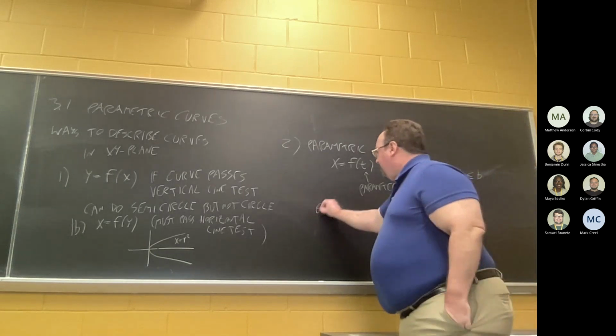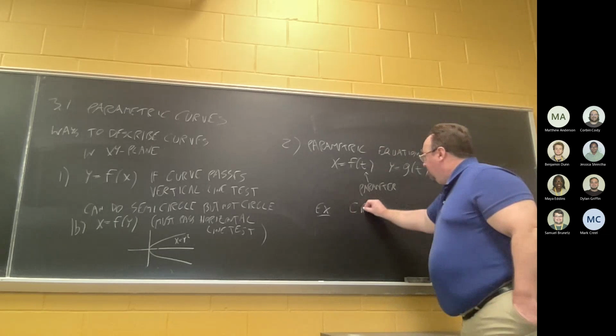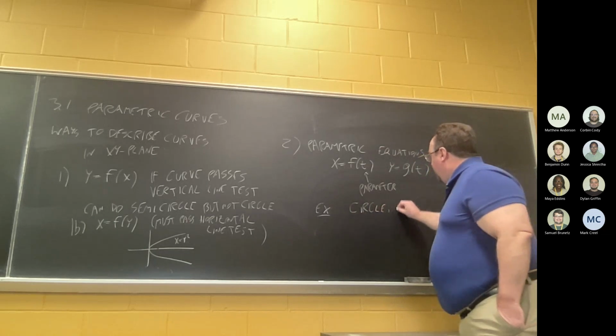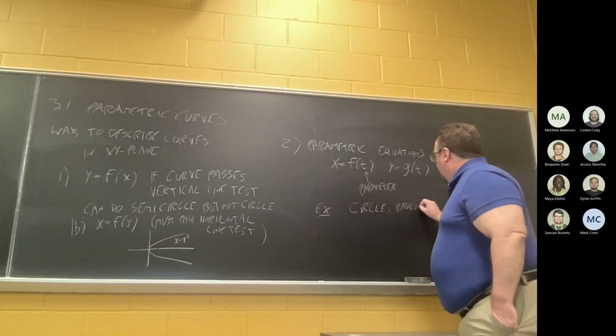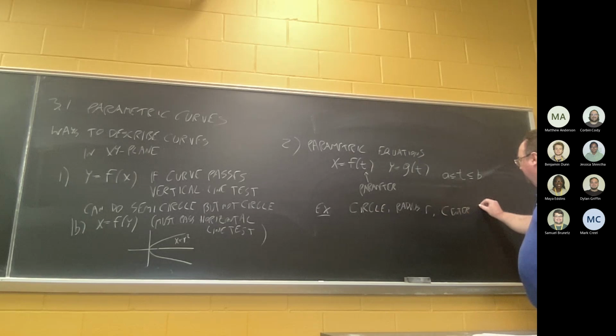Simplest example, one that could not be done before: a circle. It has radius r and a center. We'll make the center an arbitrary point, x naught, y naught.